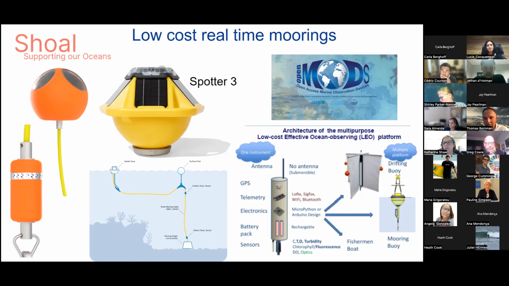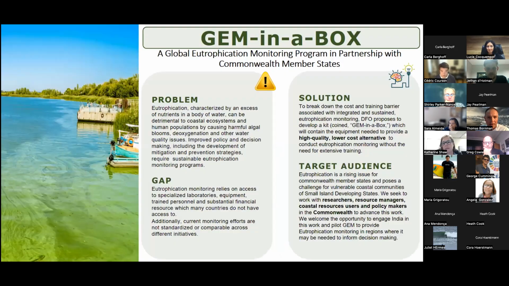There's the Open Access Marine Observation System, where anyone can really build their own in situ mooring array. So the idea would be to also include in these boxes a whole system to include a mooring wherever they are collecting the rest of the biogeochemical data. All right, so that was CoLab.